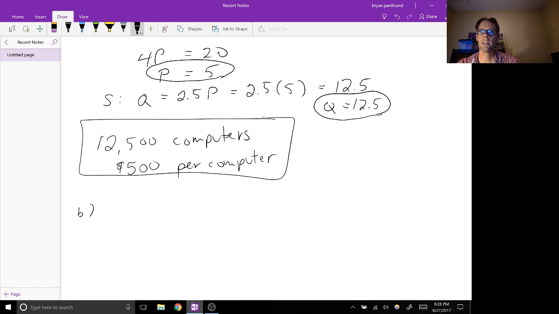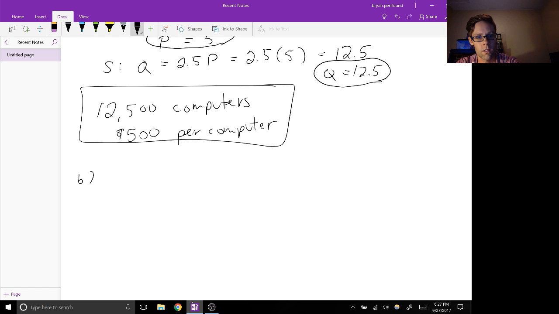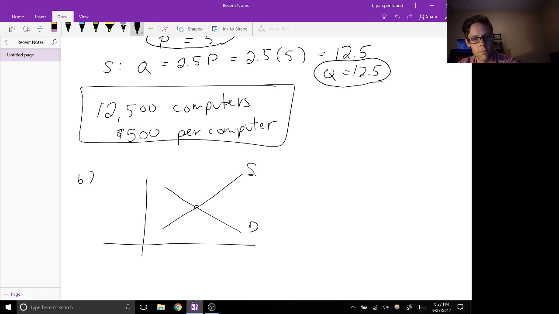Okay, so part B is asking us if the price is set to 550, are we going to end up with a shortage or a surplus of computers? So let's take a look at what the interaction of our supply and demand curves would give us. Currently we're sitting at a quantity of 12.5 with a price of 5.